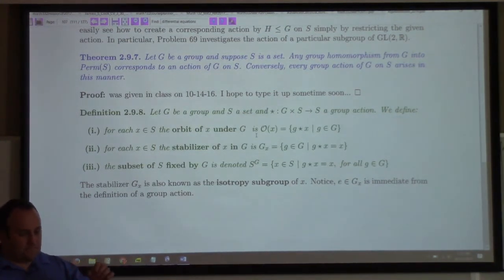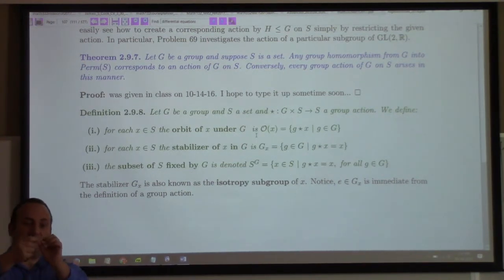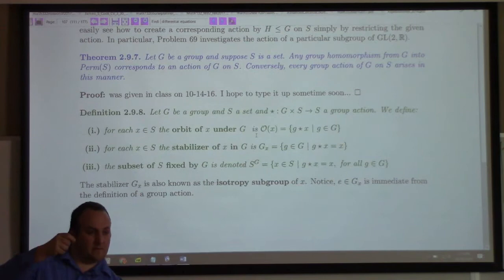On the other hand, if you look at any point other than the origin under rotations in the plane, what are the rotations, the group elements, which fix that point? Reflections will take the point and move it back over here, though.